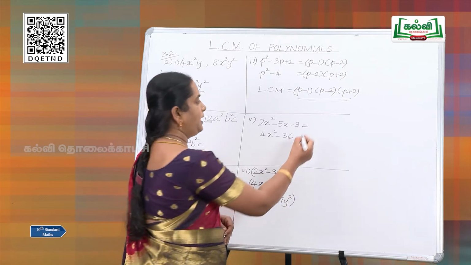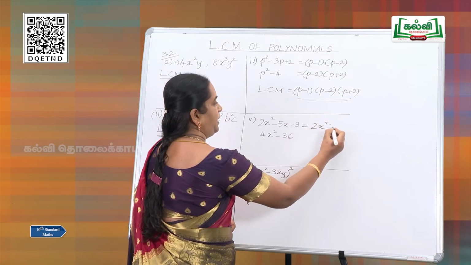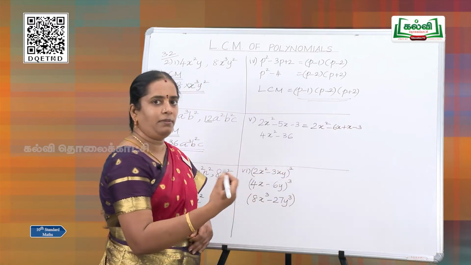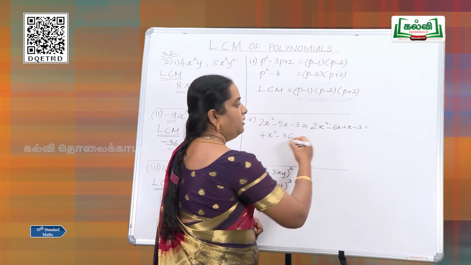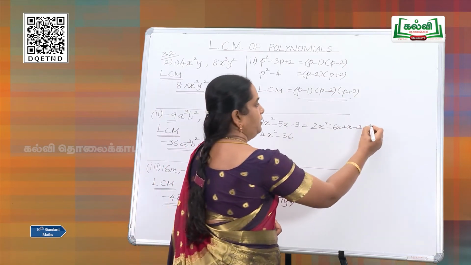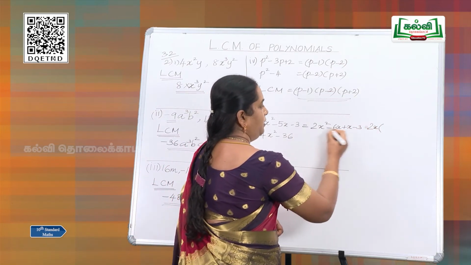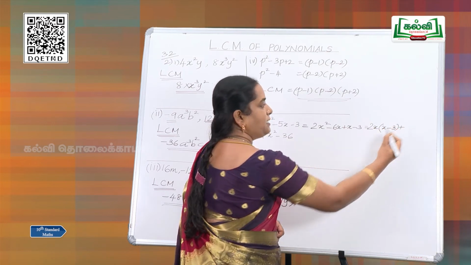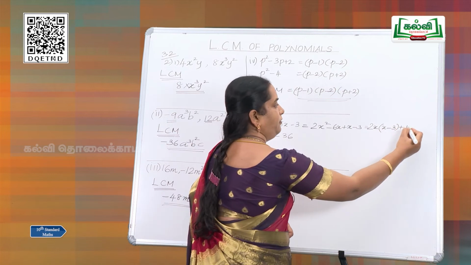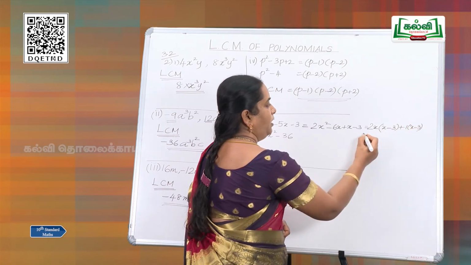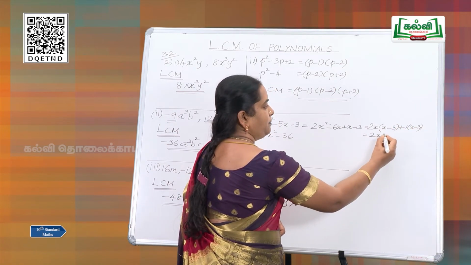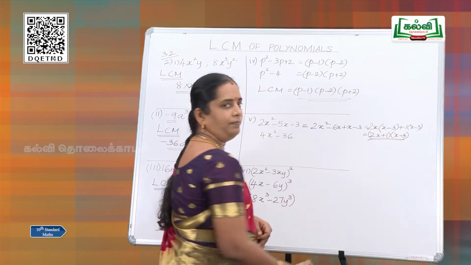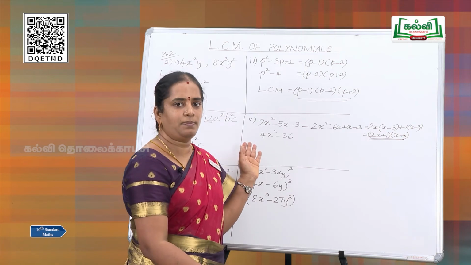So, we can split it as 2x square minus 6x plus x minus 3, and 2x can be taken out. So, 2x of x minus 3, very good, plus 1 of x minus 3, or we can say that 2x plus 1 into x minus 3 is the factored form of this polynomial.